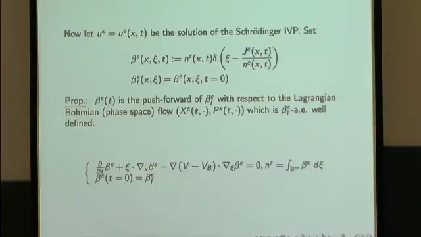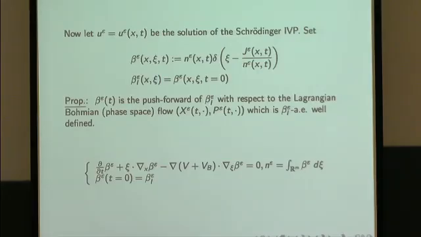Now, take for a moment the wave function u epsilon as the solution of the Schrödinger initial value problem, and compute the Bohmian measure associated to u epsilon. So this is going to be a positive phase space measure parameterized in time t. And of course, at time t equals 0, I can do the same thing.